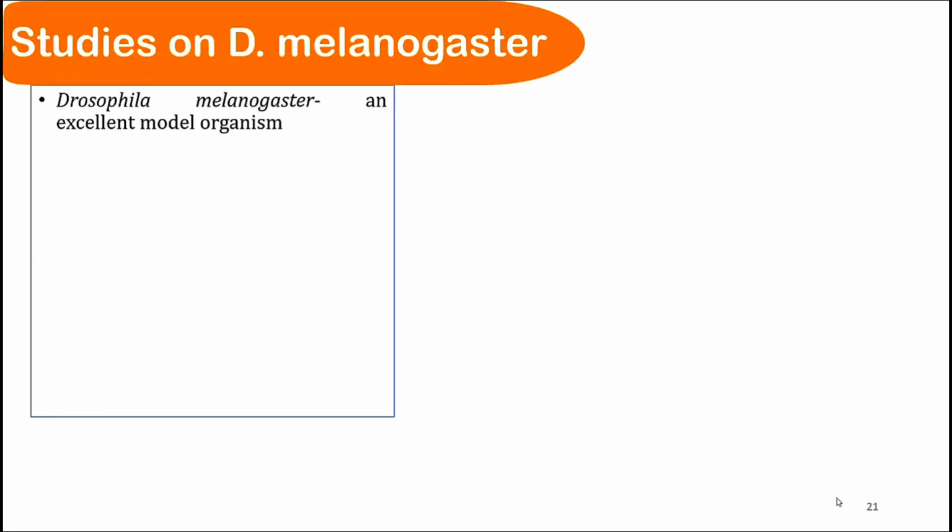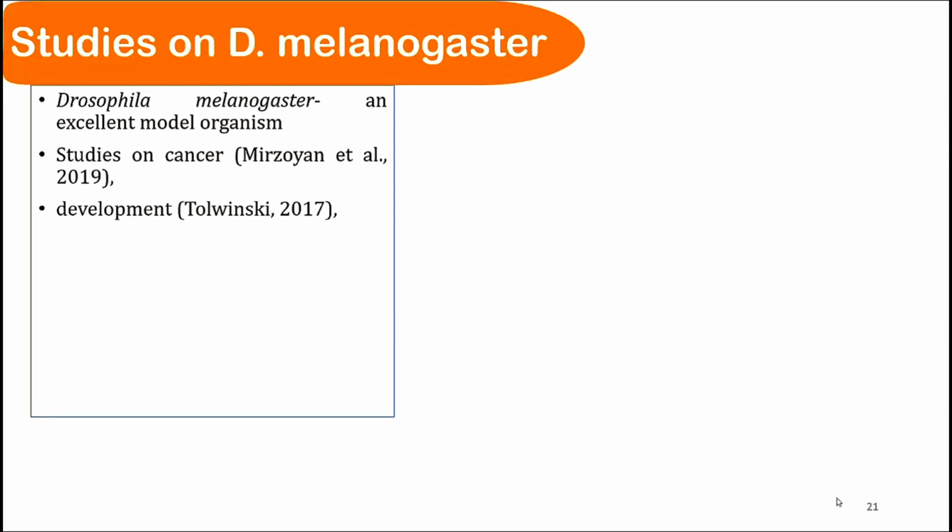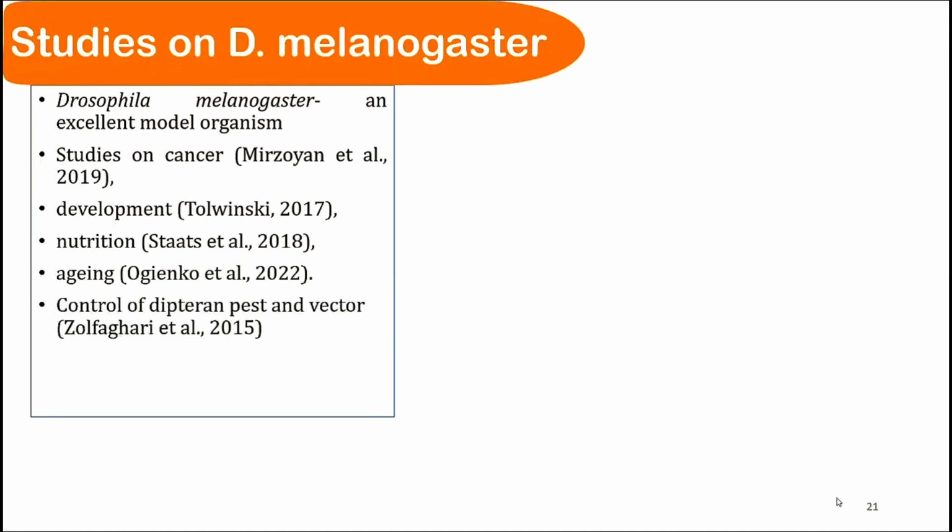Some of the areas that I mentioned are cancer-related studies, the latest being by Mirzoyan in 2019, studies with respect to development in 2017, nutrition in 2018, aging in 2022, and dipteran control with respect to pests.